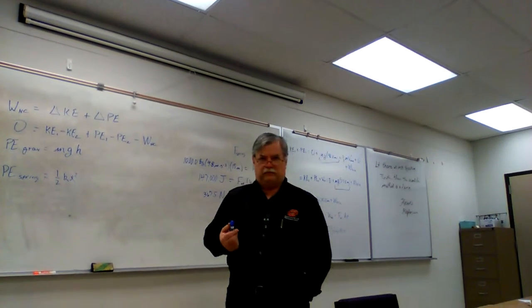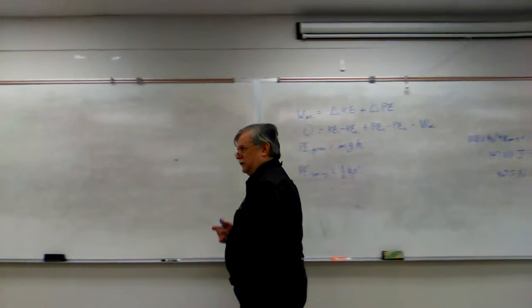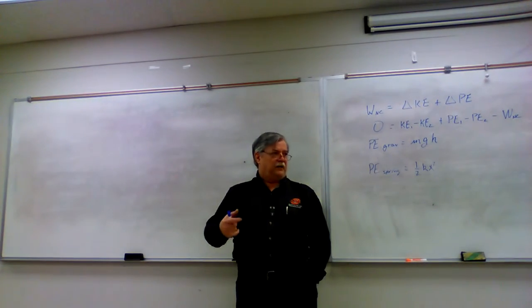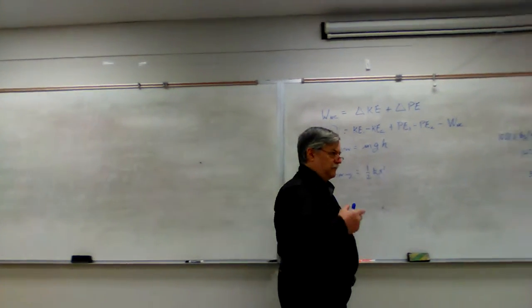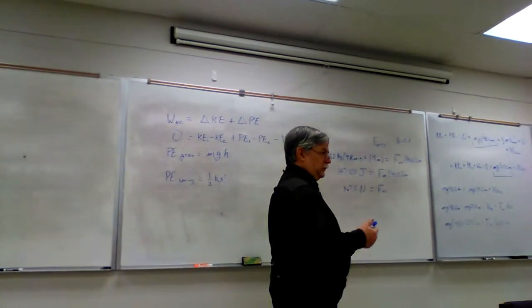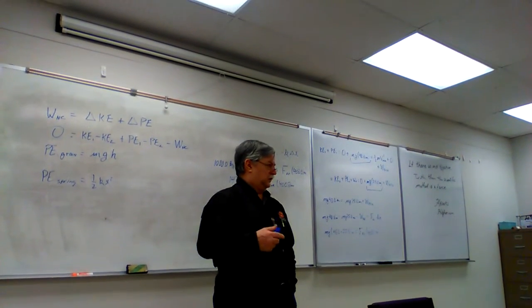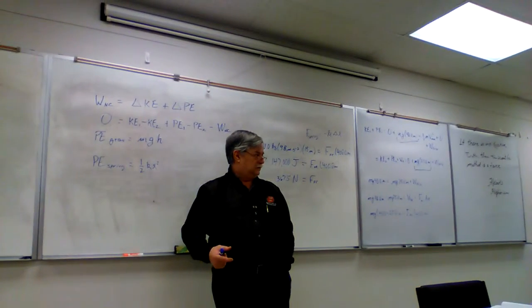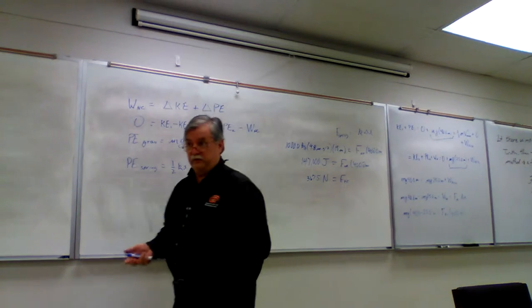Power is defined as the work done divided by the time it took to do it. Work divided by time, or what's work? Work is energy. Energy is always measured in joules.